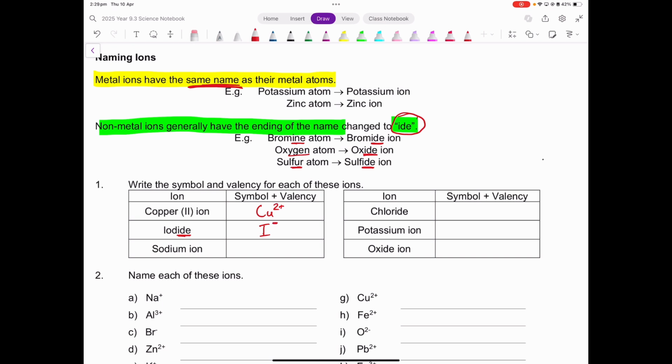And how we represent that is just a negative symbol. You don't need to write a 1. Now, how do you know the charge? You can look at your periodic table and you can see it's in the halogens, and above your periodic table you have the charge for all halogens, which is negative. Group 7.